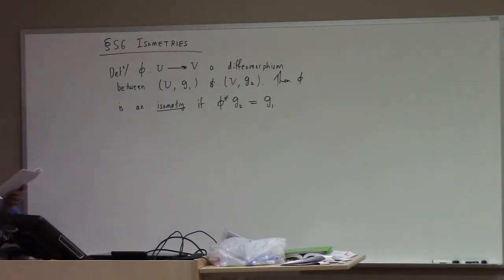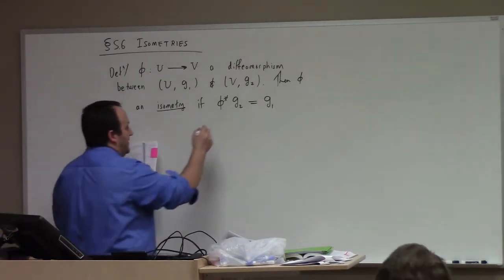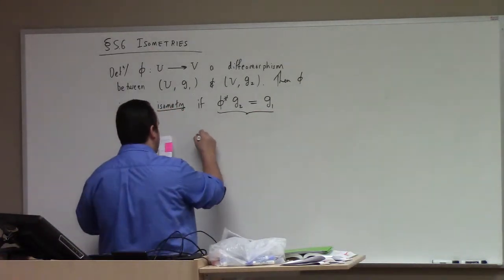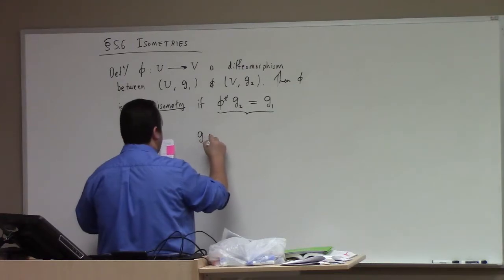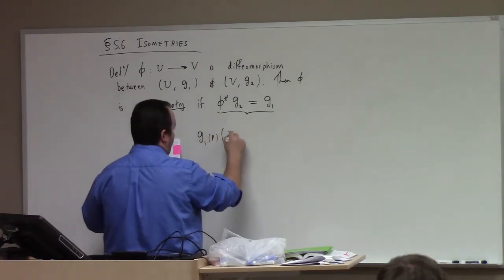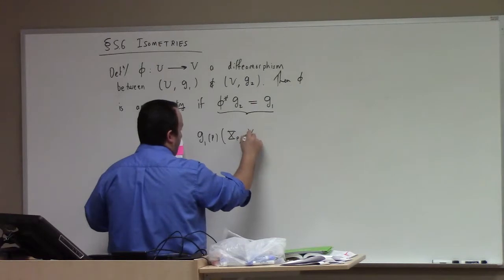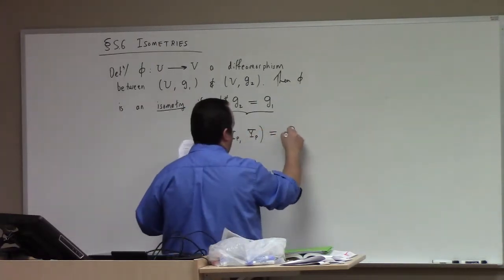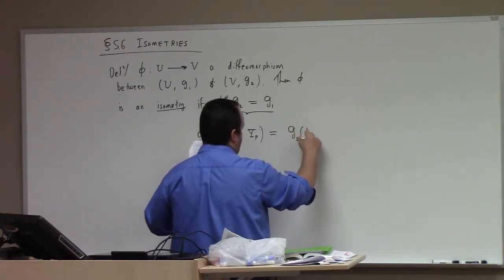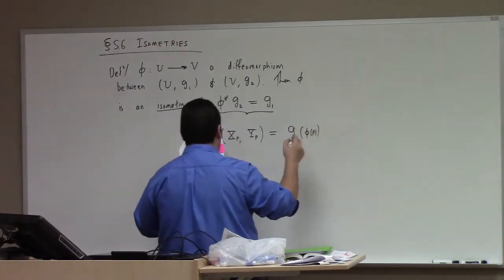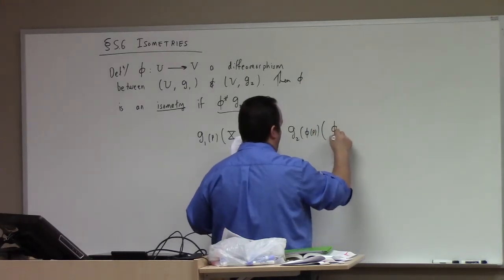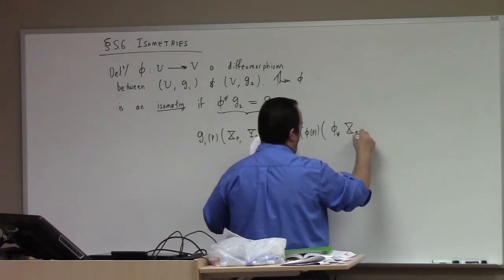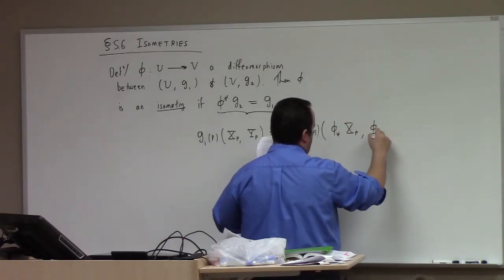So what does that actually mean when you write this out in detail? That actually means that G1 at P, acting on vectors xp, yp, is equal to G2 at phi of P, acting on the push forward of xp and the push forward of yp.